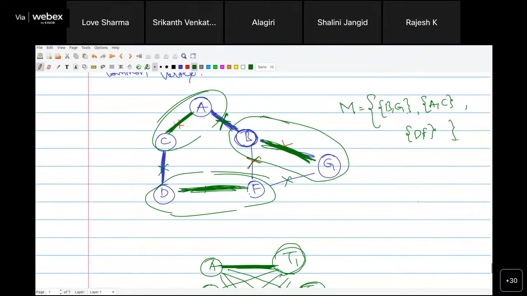So this particular matching is called a perfect matching. So perfect means you are covering all the vertices. So for an odd number of vertices in your graph, there is no possibility of having a perfect matching. But for an even number of vertices, there might be a chance of having a perfect matching.